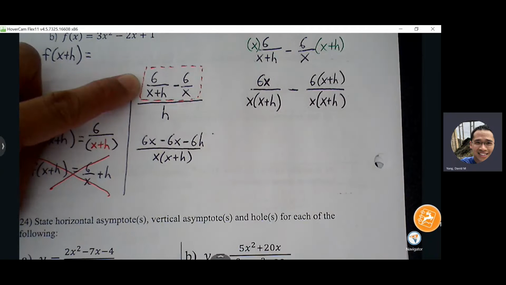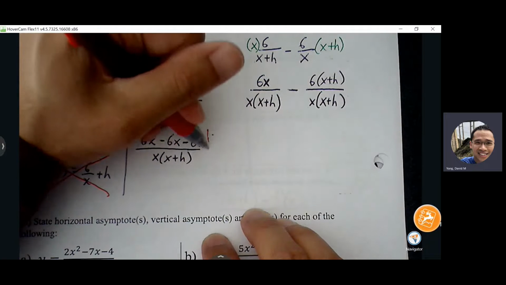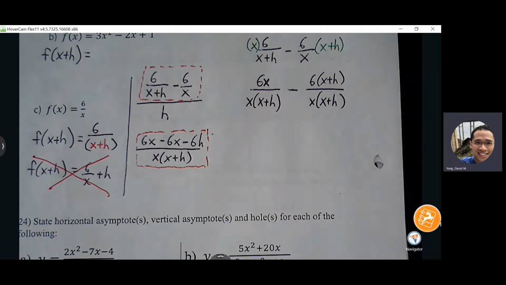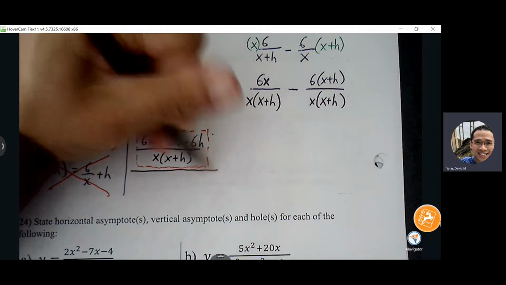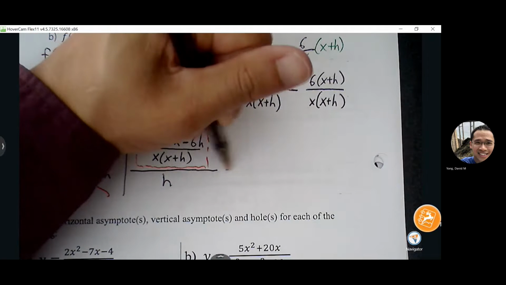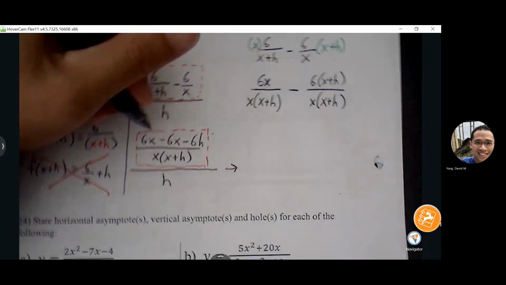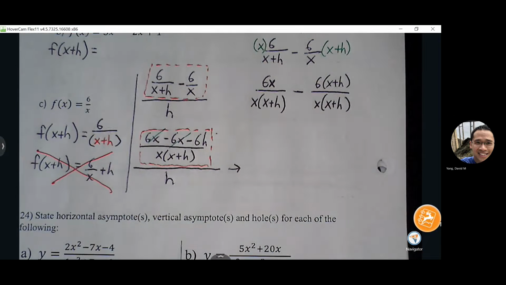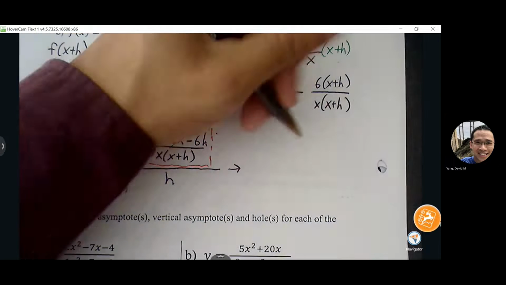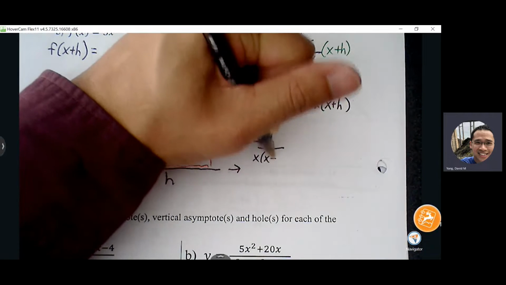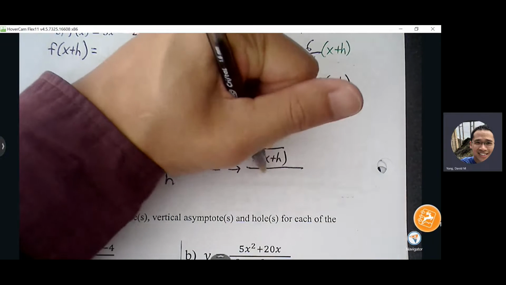So what we started here, we're able to now clean up to this point. But remember, that's still all over h, right? Still all over h. Right, so now we can make some progress with the numerator. The 6x's can go away. I'm left with negative 6h over x times x plus h, all over h.